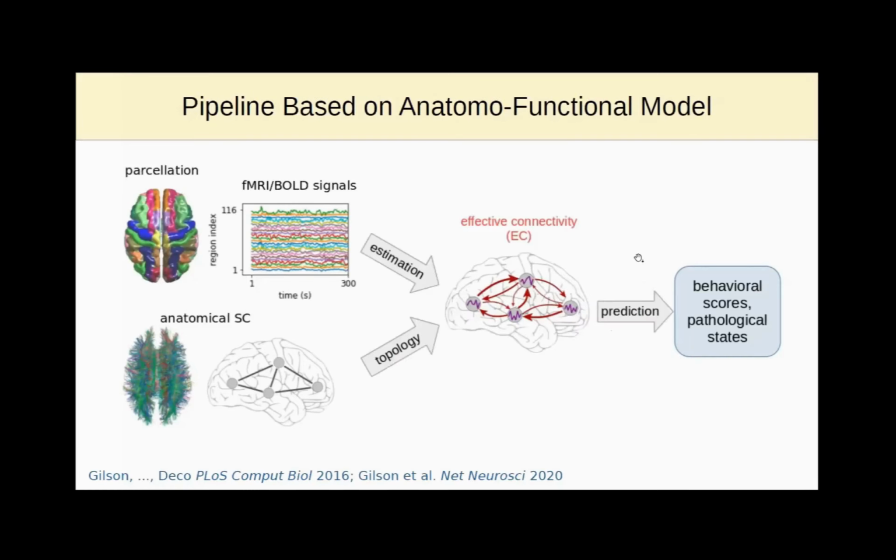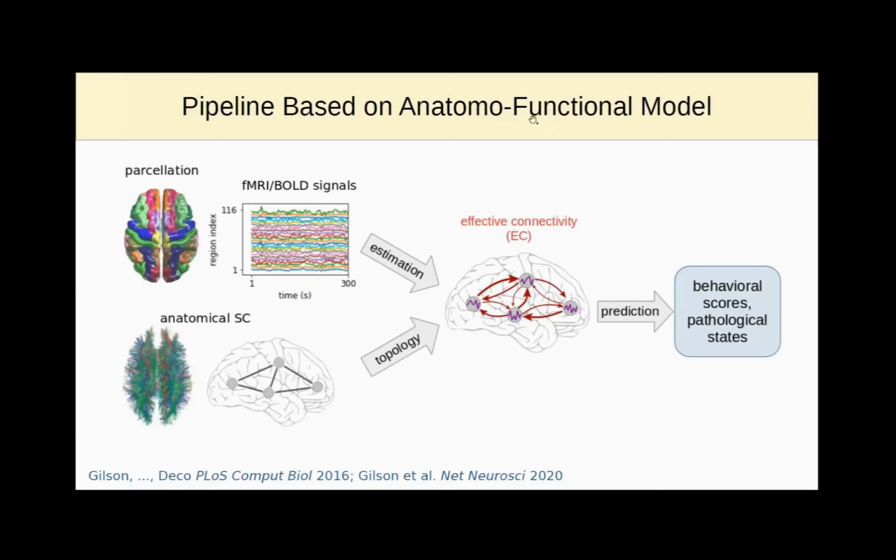to use a model, so to combine these two types of information in a dynamic model where you've got different regions that are connected in the brain. And I'm going to explain how this connection with weights, the effective connectivity, that measures the strength of interactions between the different regions, is going to be estimated from the fMRI signals and constrained by the anatomical data.